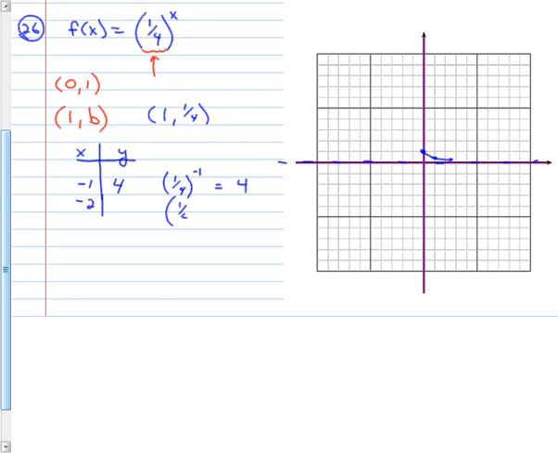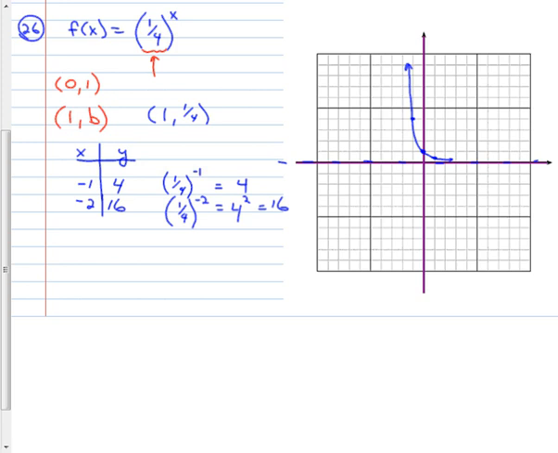And if I have 1/4 raised to the negative second, it flips the fraction, 4 to the positive second, 16. Back 1 at 4. If I go back 2, I'm at 16. It's already way off my graph. This is really steep as it heads up. So there's a good accurate sketch of that exponential decay, or exponentially decreasing function.